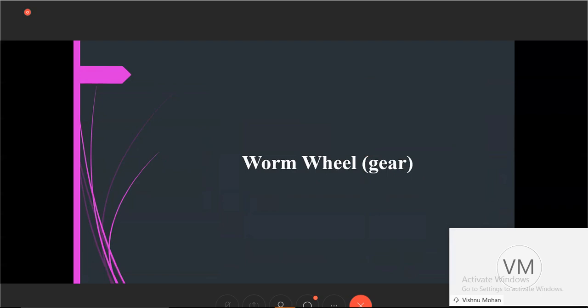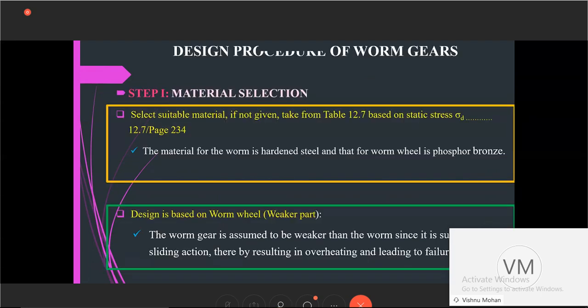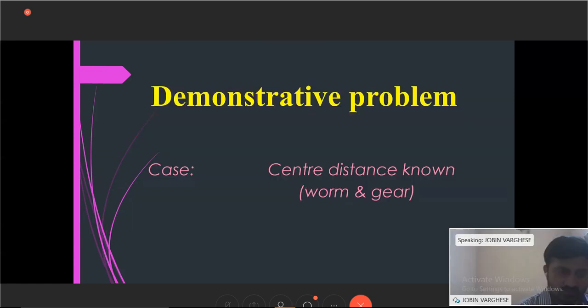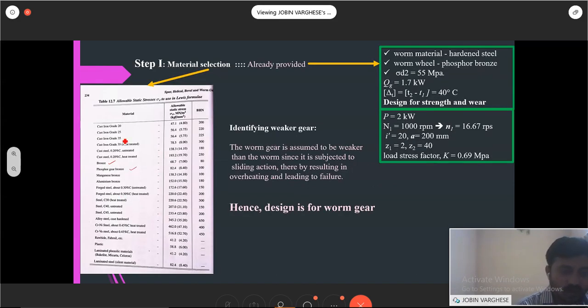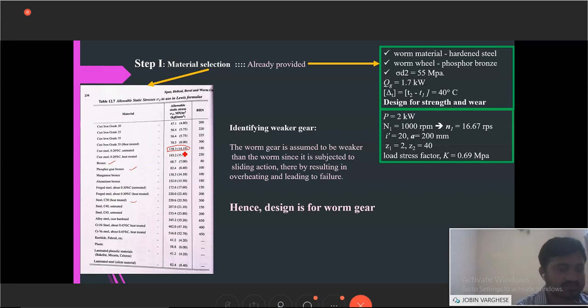What about the metallurgy of worm gear, and what are the common materials used to make worm gear? As per academics, you can use bronze and phosphor gear bronze. Steel can also be used for this. It depends on your requirement, how much force we have to transfer. We select sigma d based on the material, comparing the static stress with the force already calculated.